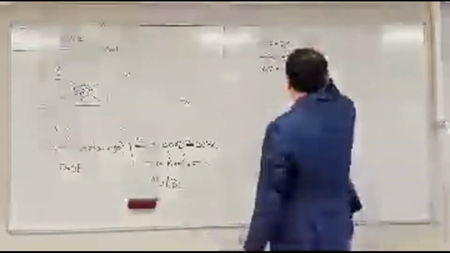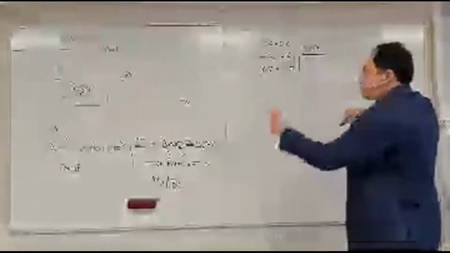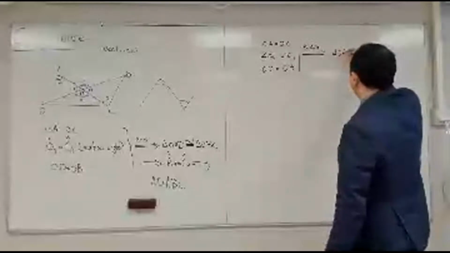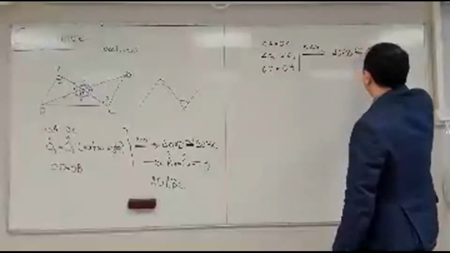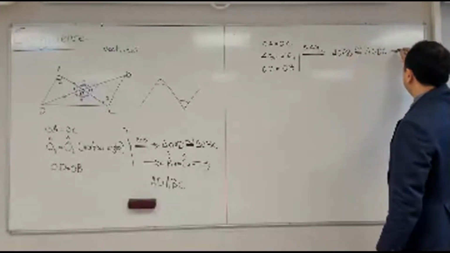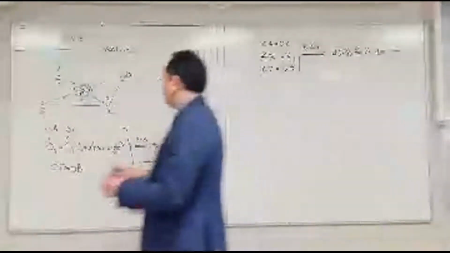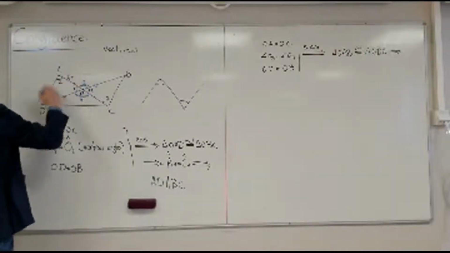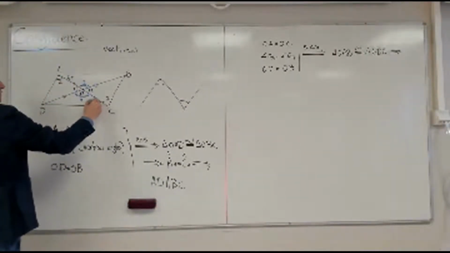But again, using the same theorem, SAS, I conclude that the triangle on top, OAB, is also congruent to the triangle ODC. Then this means that, again, with the same strategy, let me call this one A2 here, and let me call this one C2.